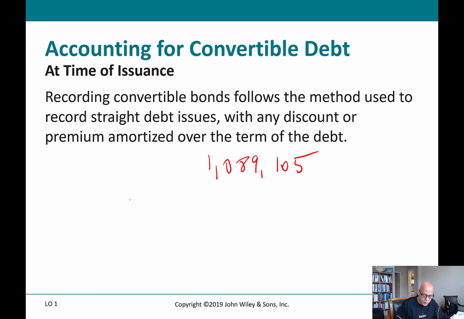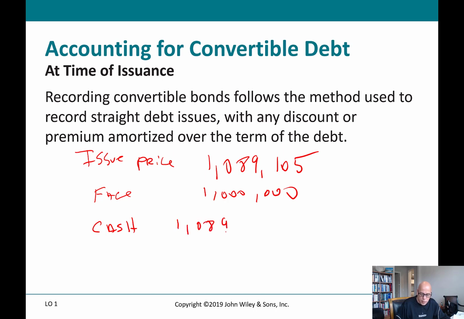Okay, so if I issue it for that price, and let's say that's the issue price, and then I have a face on that bond, coupon amount on that bond, or whatever. The face of the bond is $1 million. And so what happens when I issue that bond, I will obviously debit cash, 1,089,105, and that number's in my head for some reason.